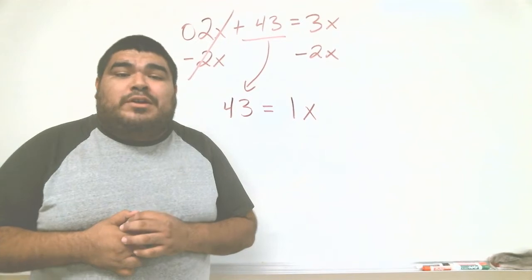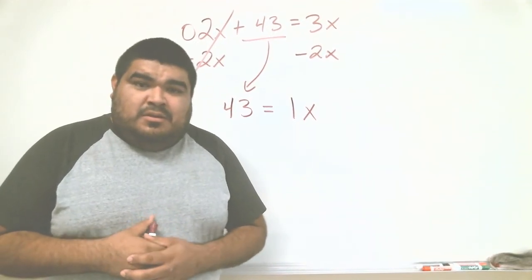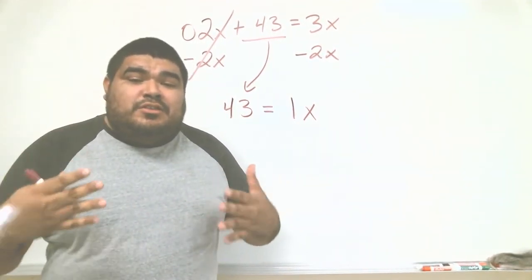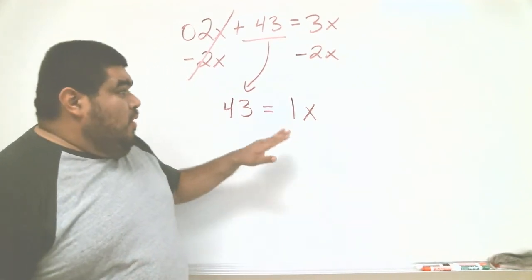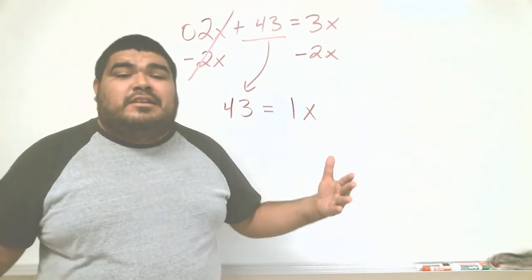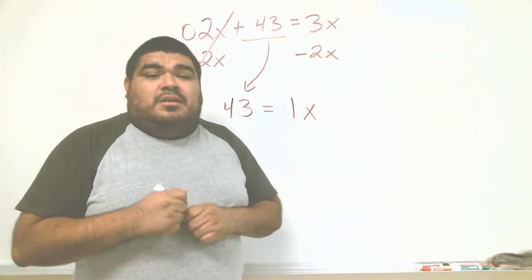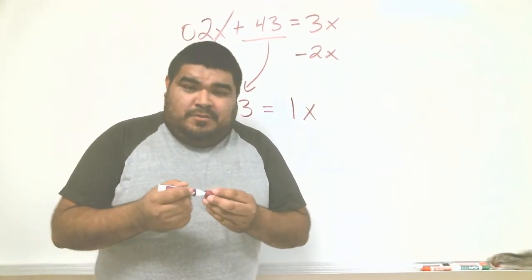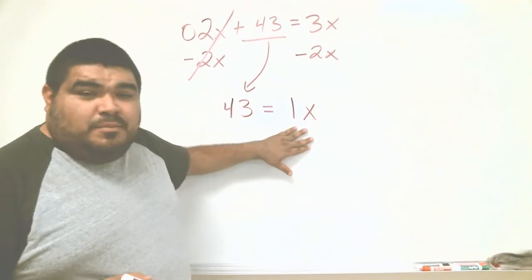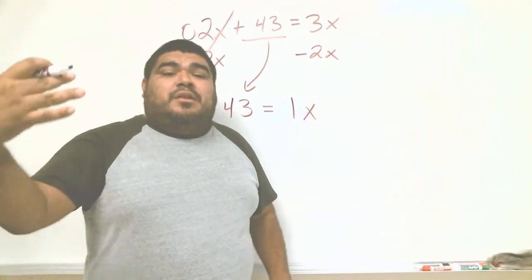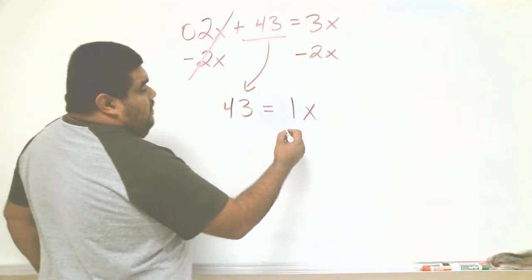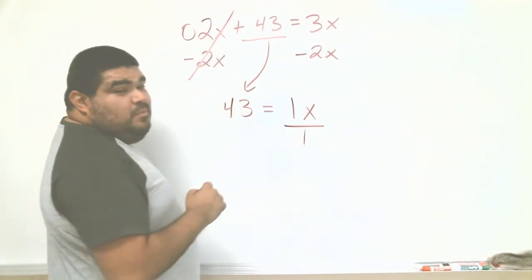Now that we have 1x, you really don't have to do anything when it's 1, because technically 1 is just 1. Nothing changes. If you were to get another number, though, I'm going to pretend this is a number, we're going to divide by 1, because there's a number in front of it.